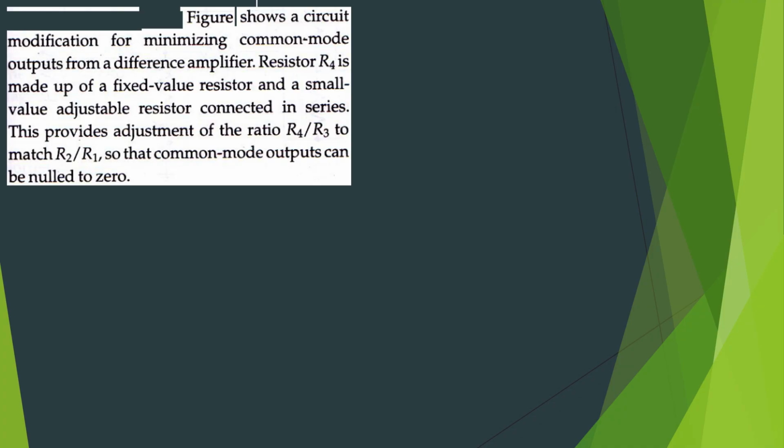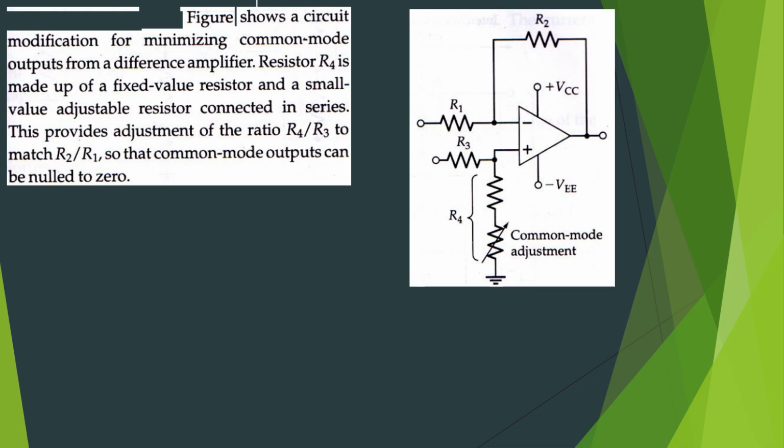The figure shows a circuit modification for minimizing common mode outputs from a difference amplifier. In reality, you cannot cancel the common mode signal 100%. To compensate for that, we have a modification in the existing circuit to minimize the common mode outputs.